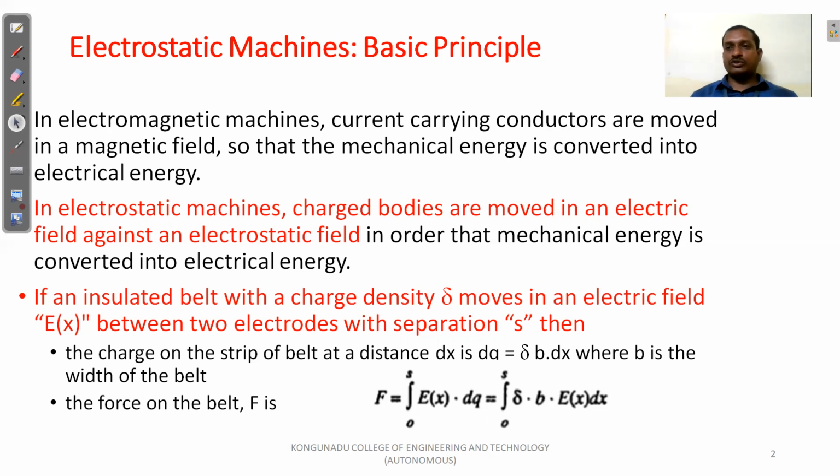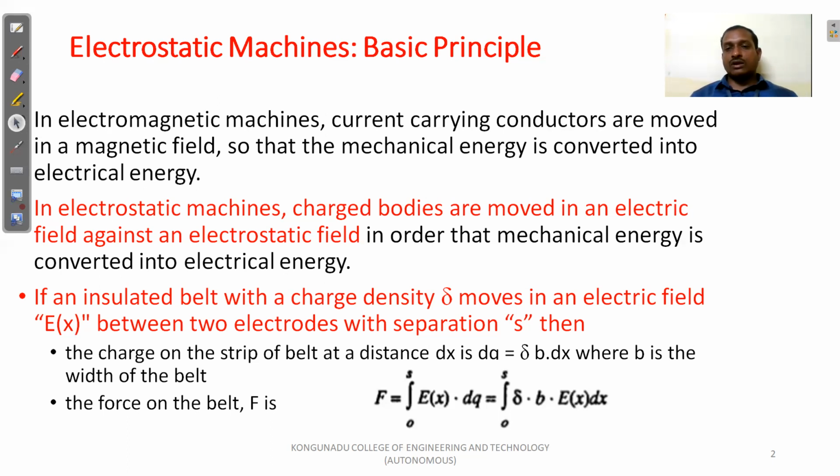The belt moves over the distance S within an electric field E of x with a charge density of del. The charge on a strip of the belt at a distance dx is dq.